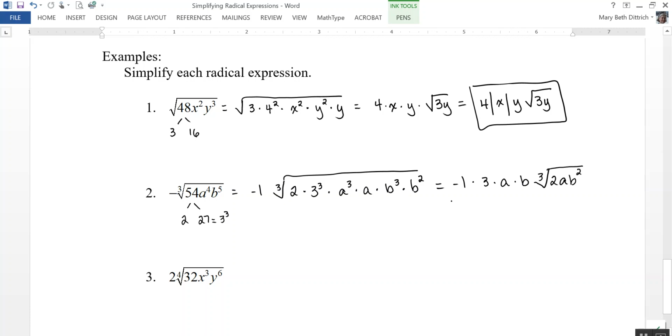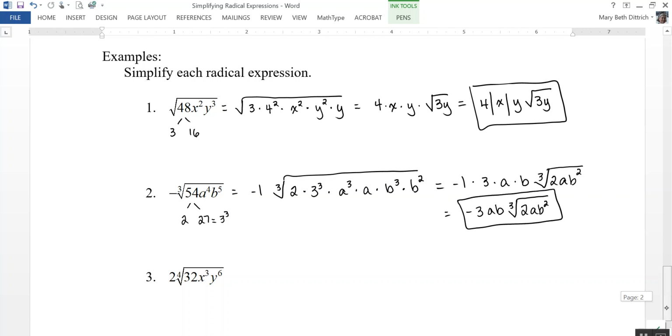So let's clean that up. My final answer is going to be negative 3ab times the cube root of 2ab squared. I know it may not necessarily look simplified, but it is.